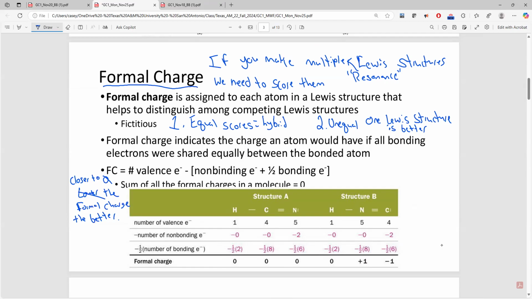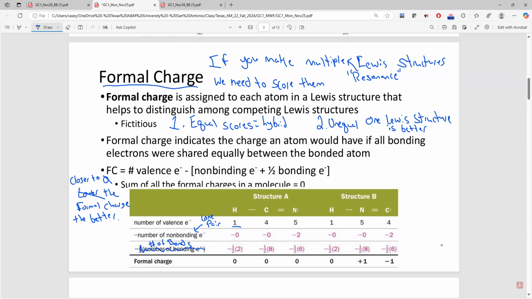So how do I score this? It's an easy formula. It's the number of valence electrons minus the number of non-binding electrons, this is lone pairs, minus 1/2 bonding electrons. This is a weird way they say it. So the way I would say it is minus the number of bonds.